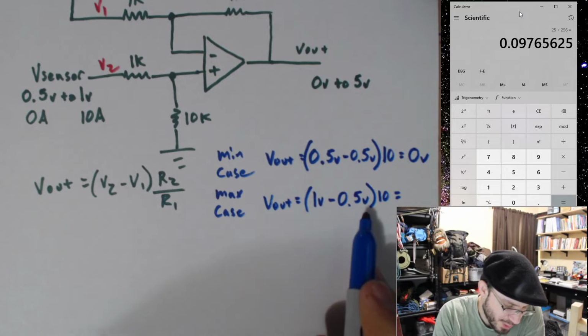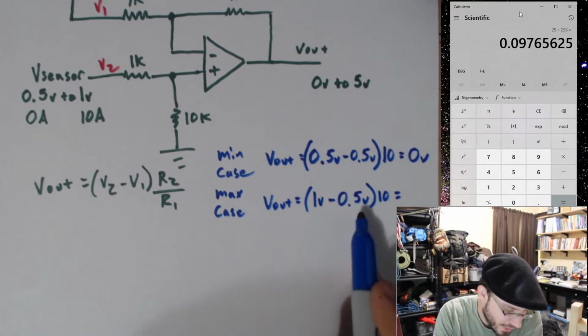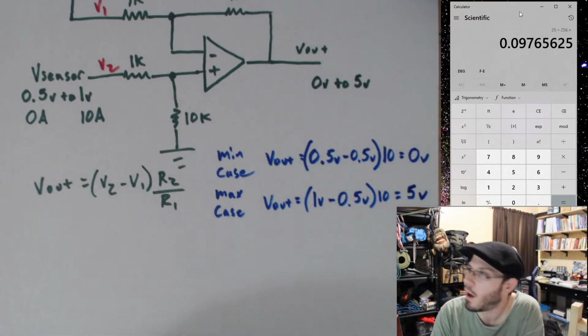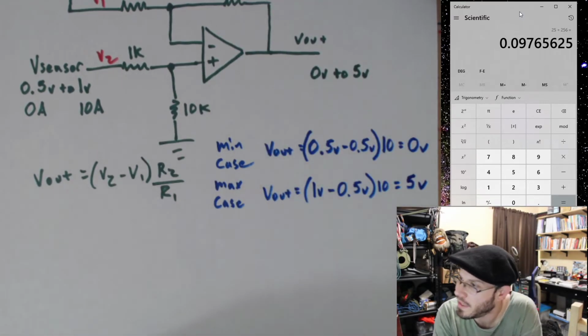So 1 volt minus 0.5 gives us 0.5. 0.5 times 10 gives us 5 volts. Problem solved. All values in between here are linear.